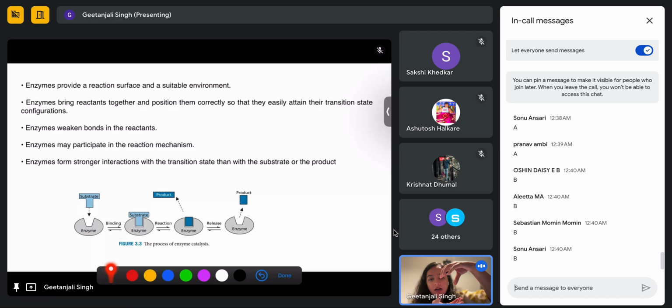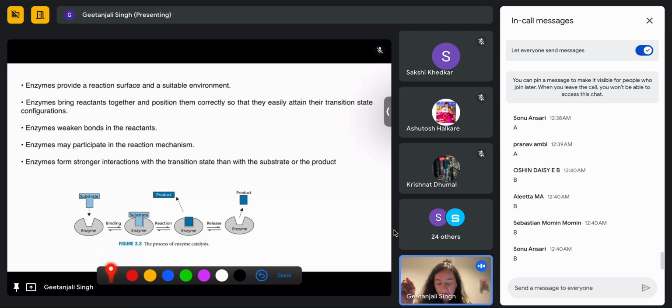The substrate comes and tries to lock into the enzyme. Once the enzyme and substrate are locked together, they form the enzyme substrate complex, and the substrate is then converted into product. The product is released, and after the release of the product, the enzyme regains its original position. Now the active site of the enzyme is again open for it to catalyze the next substrate.